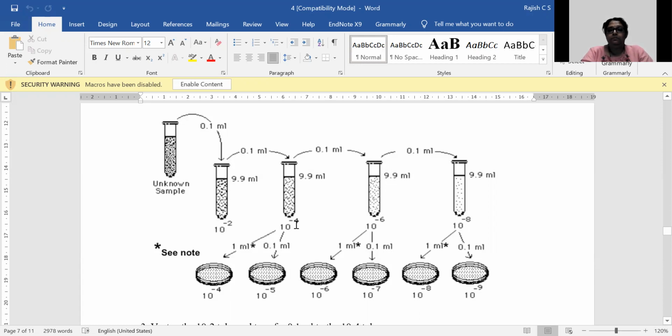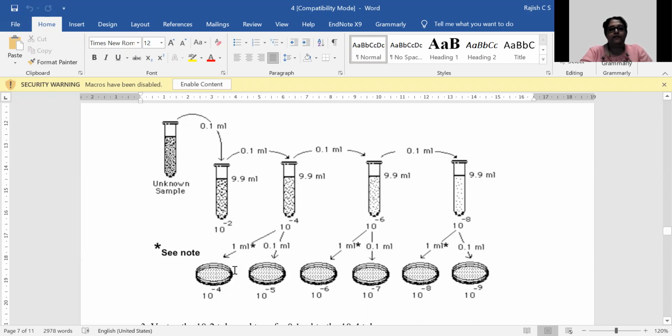That will give 10 power minus 4 dilution, because again, you are adding 0.1 ml to 9.9 ml, making it 10 ml. So 0.1 ml in 10 ml is like 100 microliters in 10,000 microliters. So if you are dividing it, there will be a factor of 100 left. 10,000 divided by 100 will give you 100. So the dilution factor is 100. That's why the 10 power minus 2 becomes 10 to the power minus 4.